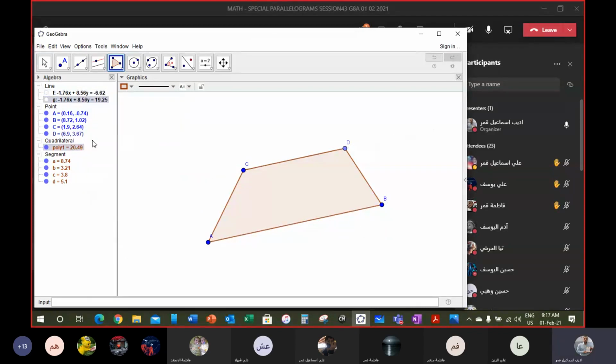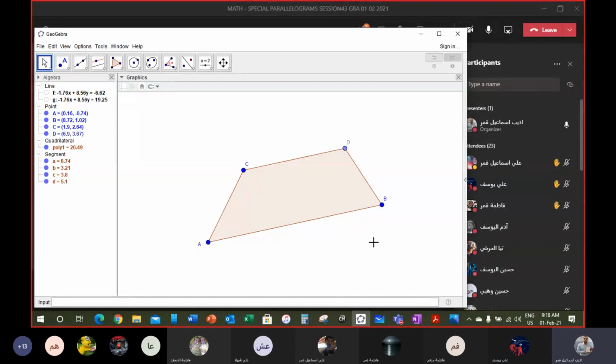Okay, what did we draw here? A trapezoid. Then we will take the midpoints of the non-parallel sides. What are the bases in this trapezoid? AB and CD are the bases.